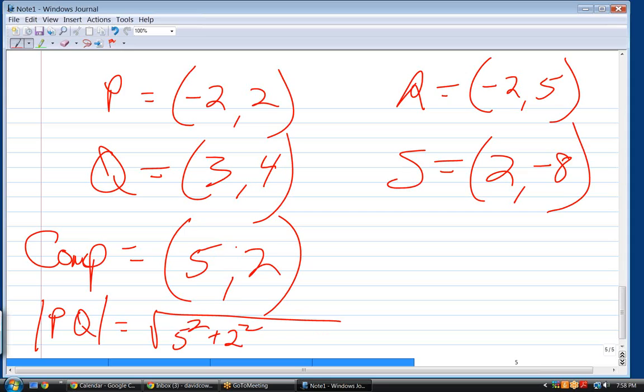That's the same magnitude as our component vector, because our component vector starts from 0, 0. So its x is 5, its y is 2, its magnitude is the square root of 5 squared plus 2 squared. What's the slope of the component? 2/5. What's the slope of PQ? 2/5. So they have the same slope, they have the same magnitude, they're equivalent vectors.